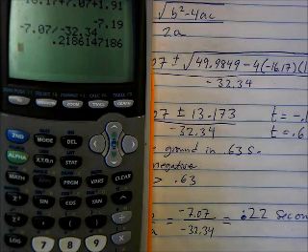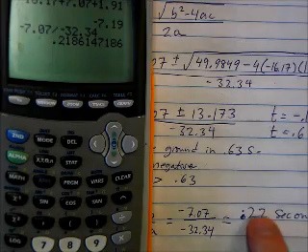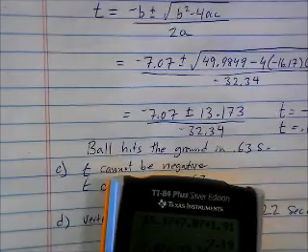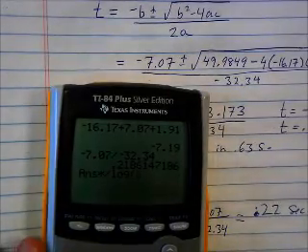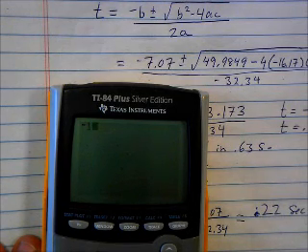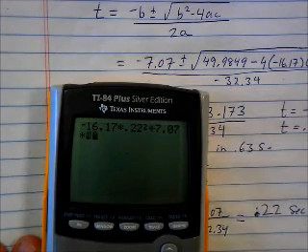Now how do I find out how high the ball went? Take 0.22 and plug it in. So I plug 0.22 into my formula. I'm going to have negative 16.17 times 0.22 squared plus 7.07 times 0.22 plus 1.91.